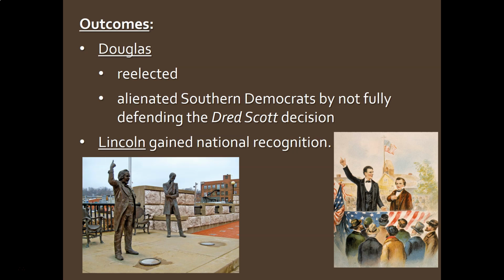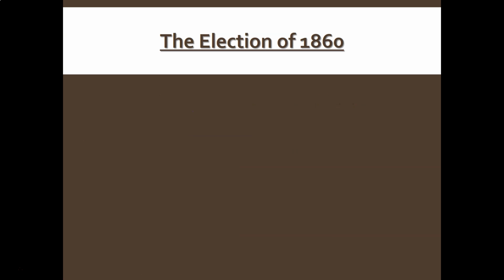But you can argue that even in defeat, he won, because Lincoln has made a name for himself across the country. Douglas has really politically handicapped himself by not defending the Dred Scott decision fully and by supporting popular sovereignty. And so the South is furious about that.